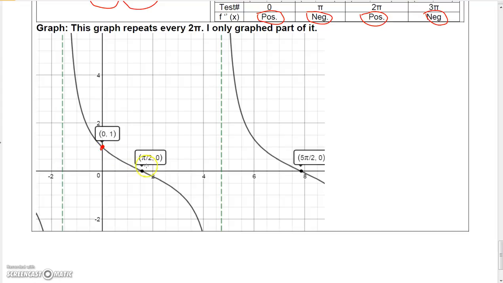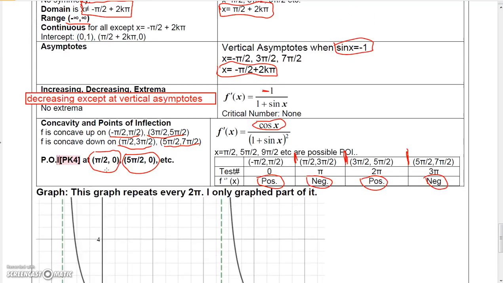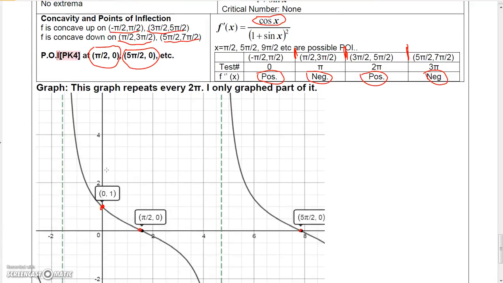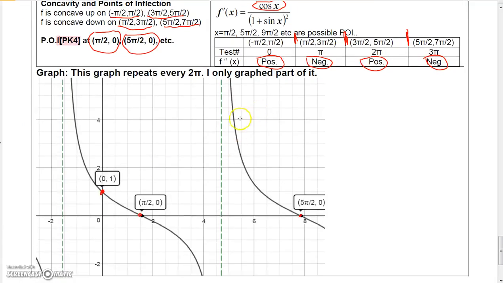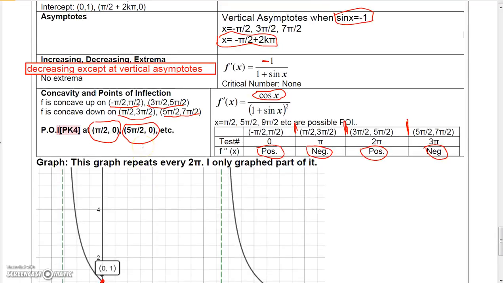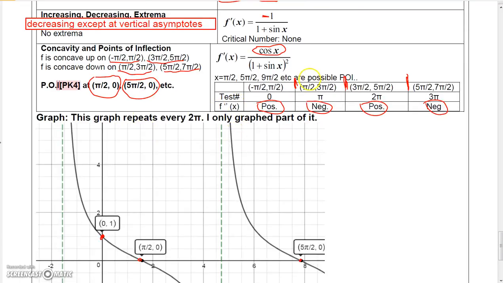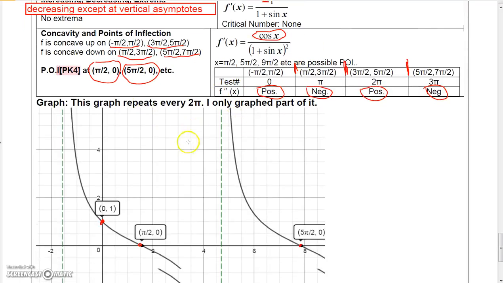There's the y-intercept, and remember the x-intercepts were at pi over 2, 5 pi over 2, etc. Now, when you go from just to the left of pi over 2, remember this function is always decreasing except at these vertical asymptotes, so we know it's decreasing. But to the left of pi over 2, it's concave up.